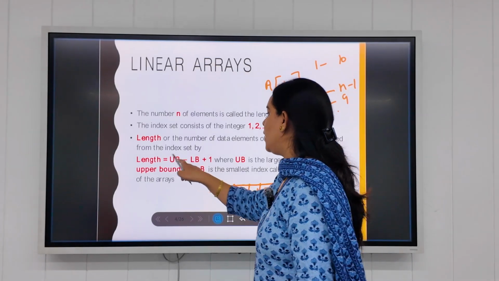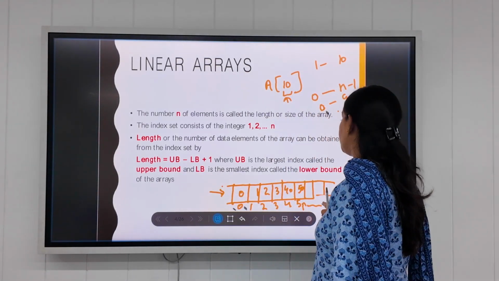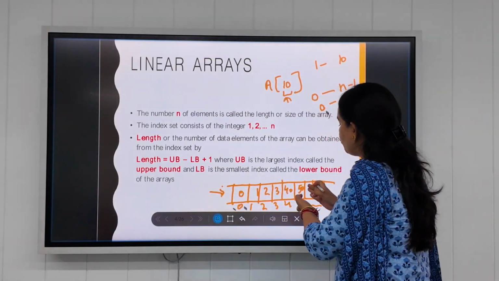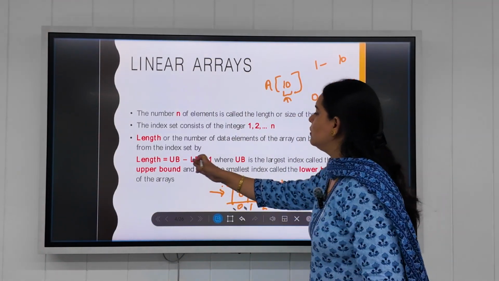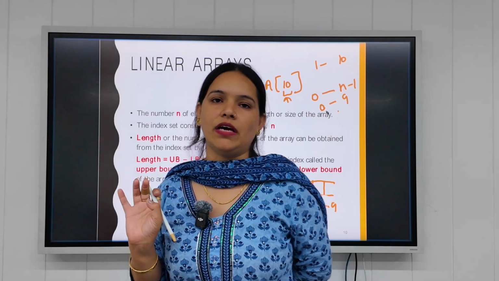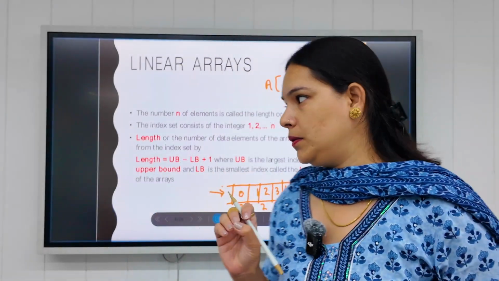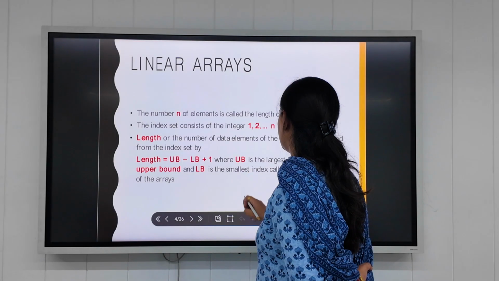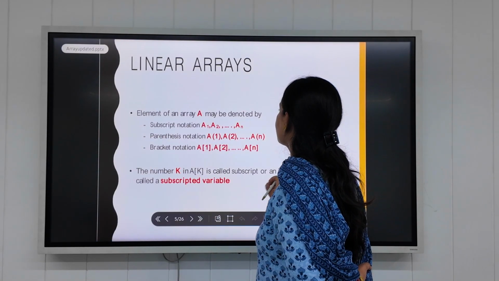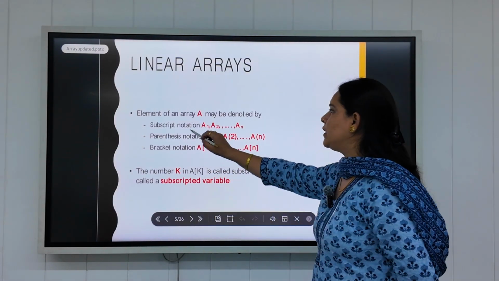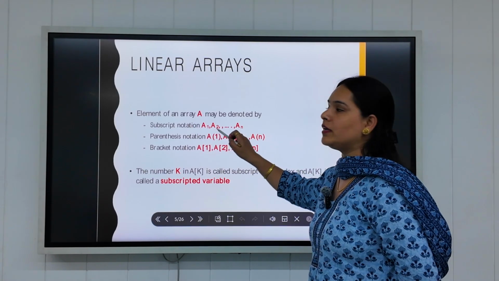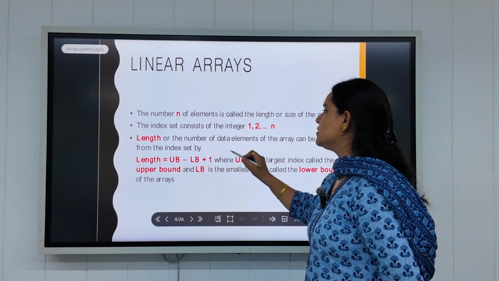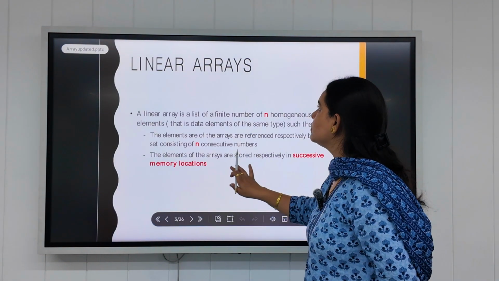So upper bound, which is the maximum value, minus lower bound plus 1, it defines the size of that array, right? See, we can represent the elements of arrays like A1, A2, A3, An, and it can be represented in subscript form also.